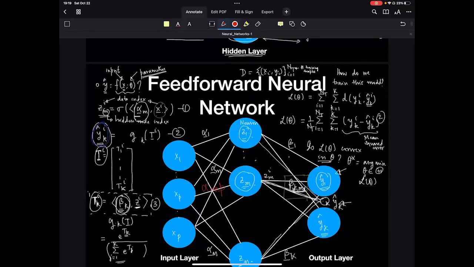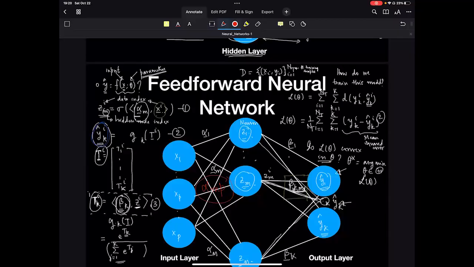So now my question to you is, alpha MP is going to impact how many of my output nodes? Meaning, which of the output node expressions is going to have alpha MP present in it? Please keep in mind that we have a fully connected network, meaning each of my input nodes is connected to each of my hidden nodes, and each of my hidden nodes is connected to each of my output nodes.